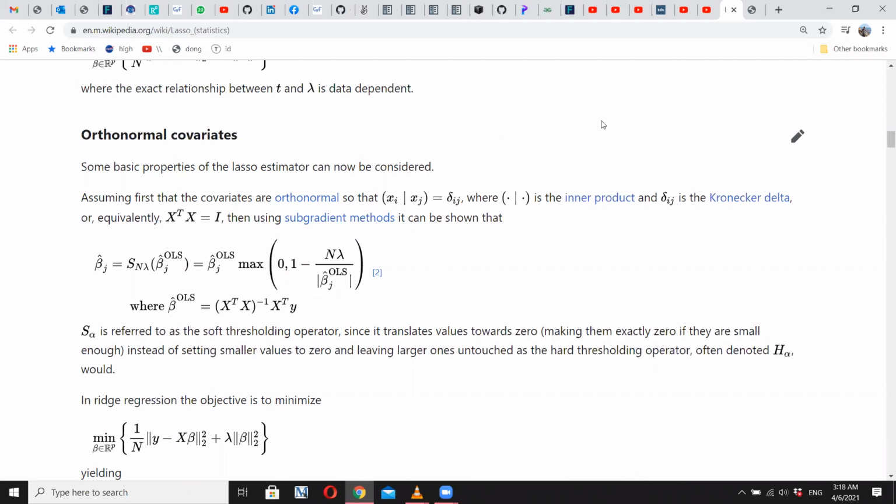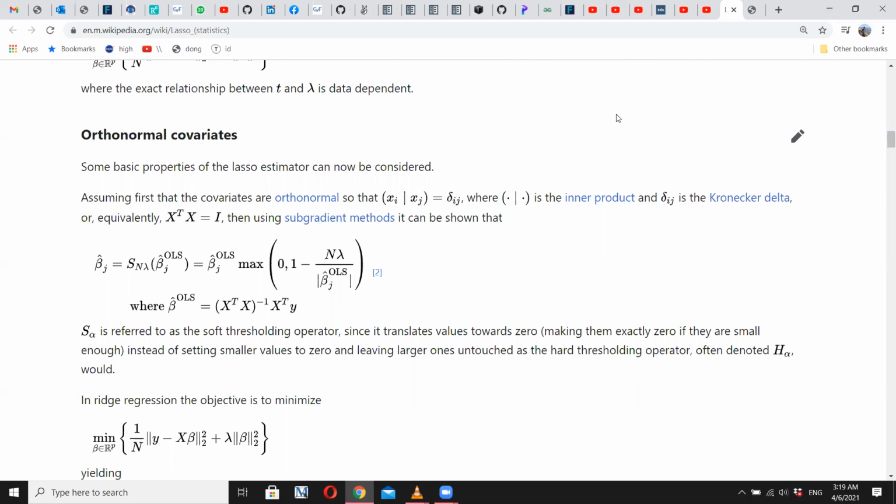Let's say that we are talking about a house and it has, let's say, 3 or 4 features. Let's say we have 10 houses and 3 features, so we have a matrix of 10 rows and 3 columns. If you calculate the dot product of those features between themselves, then the dot product should be equal to 0.